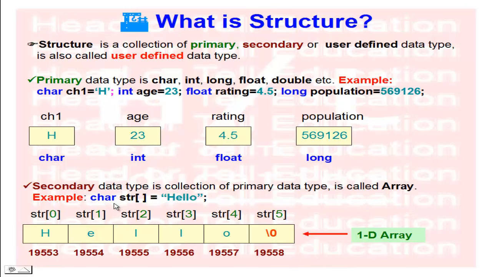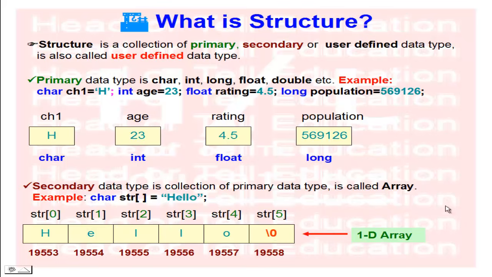So for this we use the secondary data type, the array. For example, a character array str holds the string hello, so all characters are stored in str. This time we create a single variable named str and hold all the values of the characters.